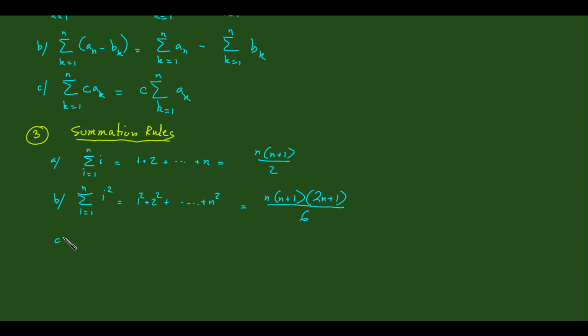And the third one is i from 1 to n of i cubed, so 1 cubed plus 2 cubed plus up to n cubed, equals n squared times n plus 1 squared over 4.